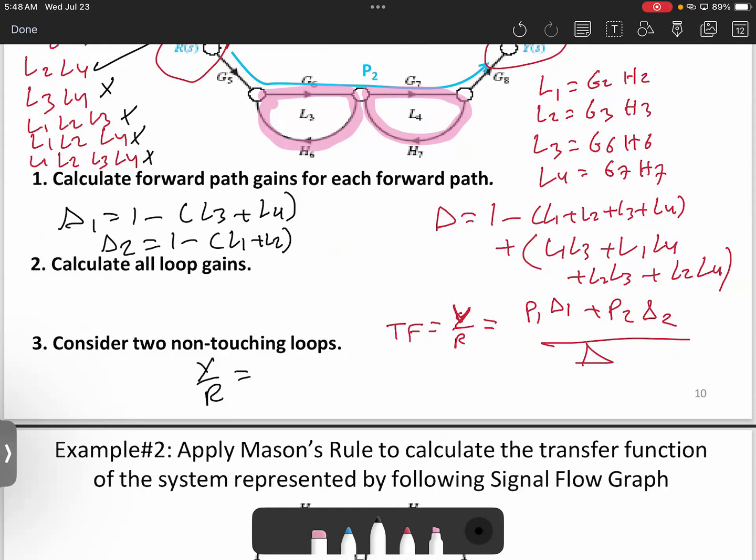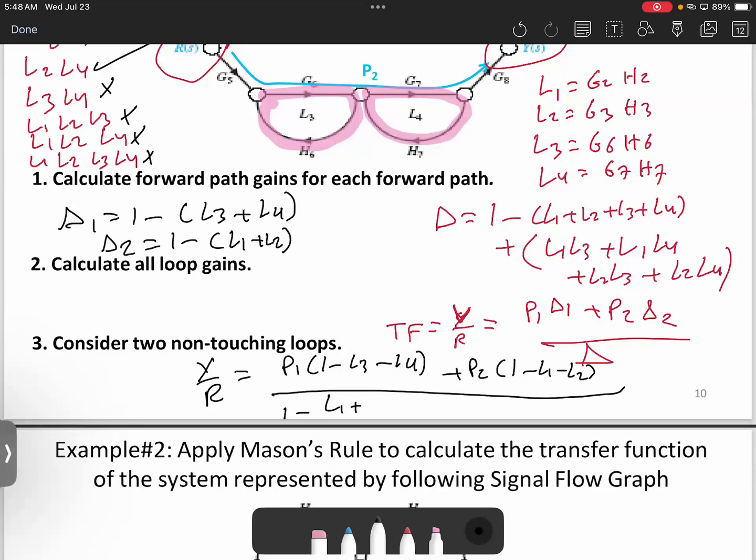Y over R will be P1 times delta 1, which is 1 minus L3 minus L4, plus path 2 times 1 minus L1 minus L2, divided by 1 minus L1 minus L2 minus L3 minus L4 plus L1 L3 plus L1 L4 plus L2 L3 plus L2 L4.